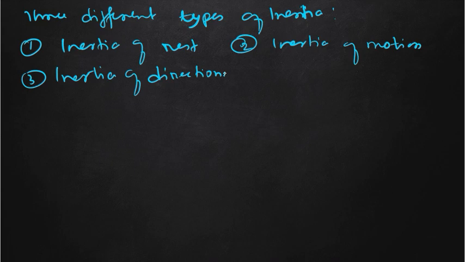It is the tendency of a body to continue in its state of motion in a straight line even when some external unbalanced force acts on it. Suppose a body is in motion, it tries to continue in motion in a straight line even when some external force acts on it. How?